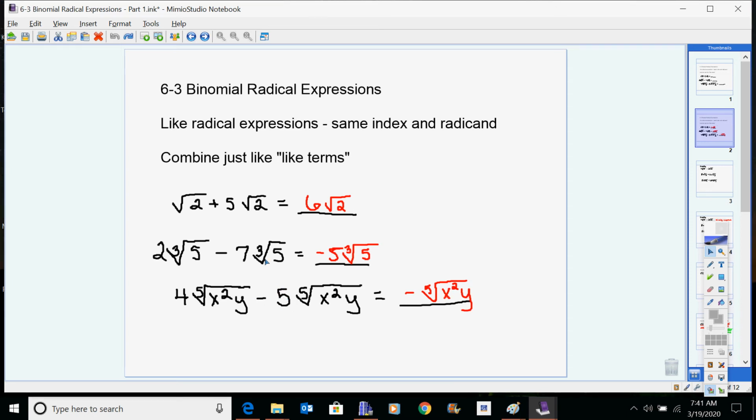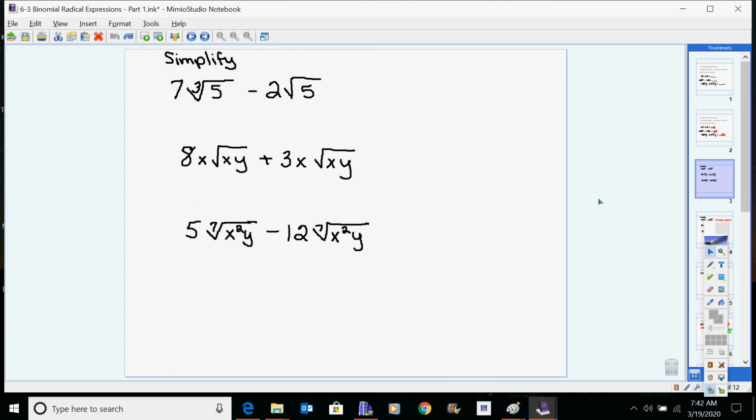So once again, just putting like terms together. Like terms isn't exactly the right word, but I think that it expresses exactly what you're doing very well. You can only put them together if they have the same index and the same things underneath the radical. So you've got to watch out for that.